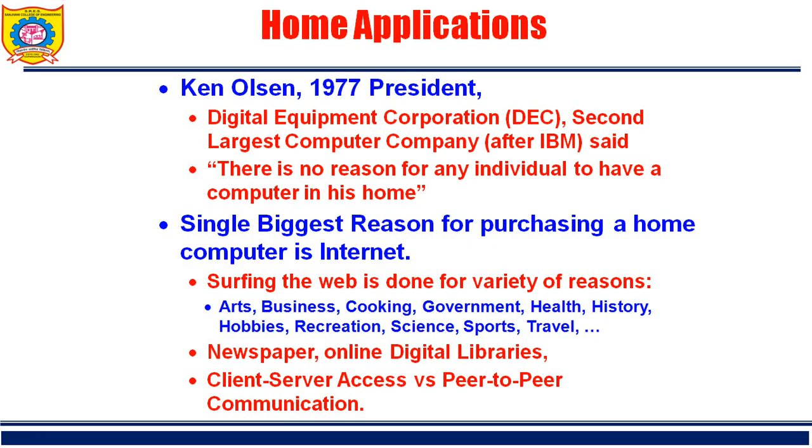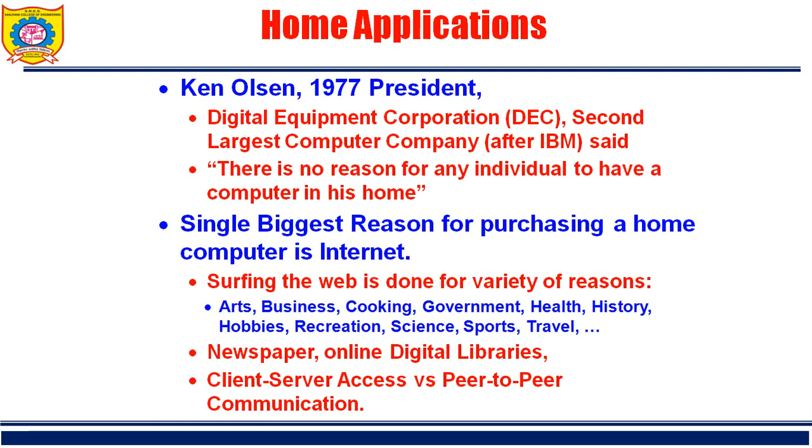Now the next category is home applications. One person, named Ken Olson, in 1977 was the president of Digital Equipment Corporation, the second largest computer company after IBM. He gave a statement: there is no reason for any individual to have a computer in his home.